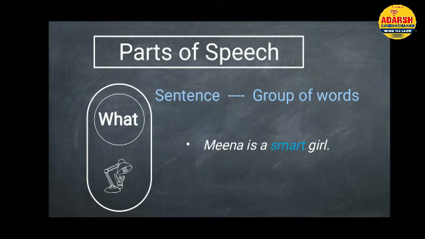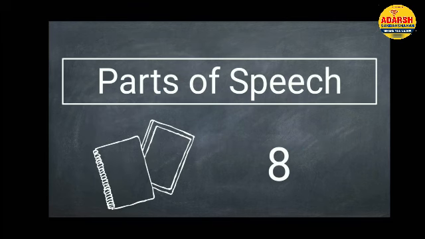Now there might be a question in your mind: what are the other types of parts of speech, and how can we classify a particular word as a part of speech, such as a noun, adjective, verb and so on? So let us understand the types of parts of speech to make all your doubts clear.